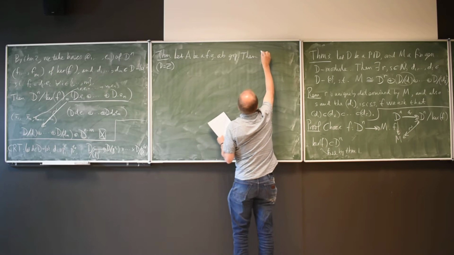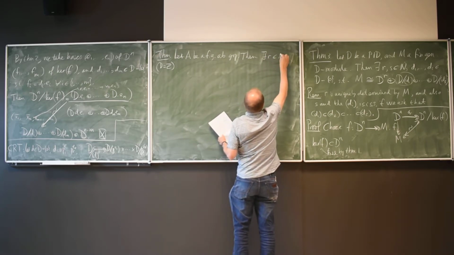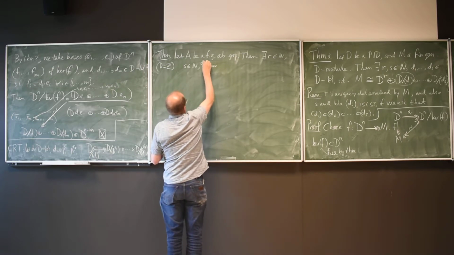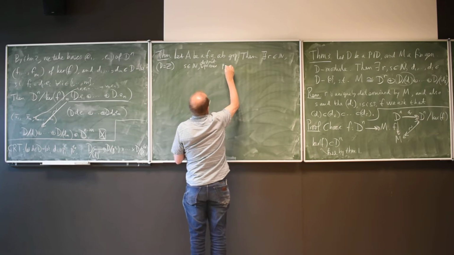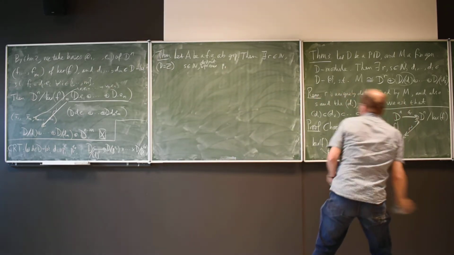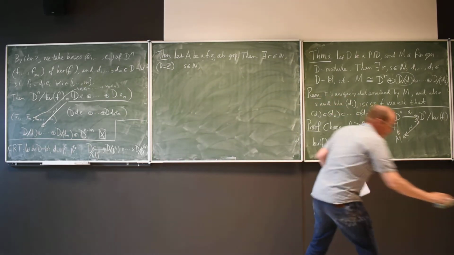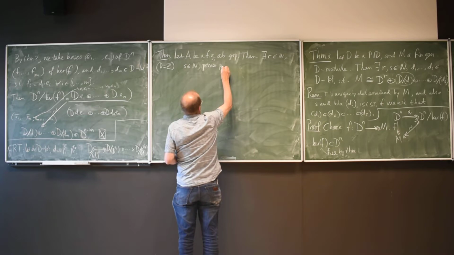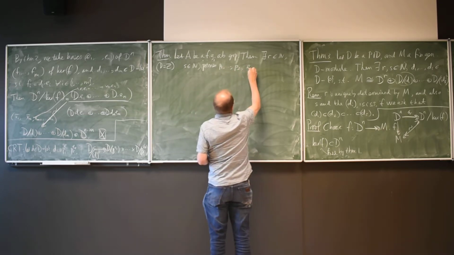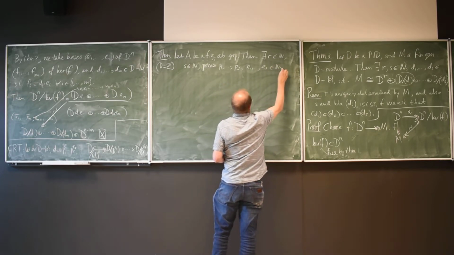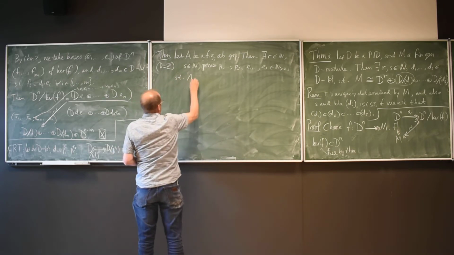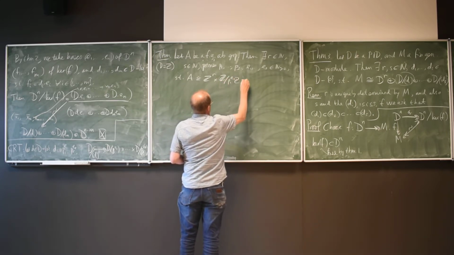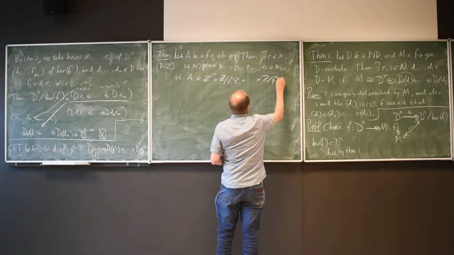Then there exist r in N, there exists an s in N, there exist primes p1 up to ps, there is no reason for them to be distinct, and e1 up to es in N greater than 0, such that A is isomorphic to Z to the r times Z mod p1 to the e1 Z times ... times Z mod ps to the es Z, right?